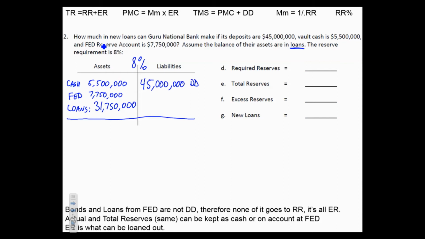Now let's fill out these things, okay? The required reserves are going to be what value? Okay, 8% of the deposit, so 3.6 million, okay? All right, its total reserves is how much?